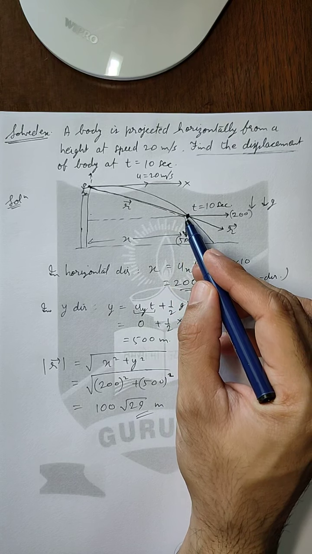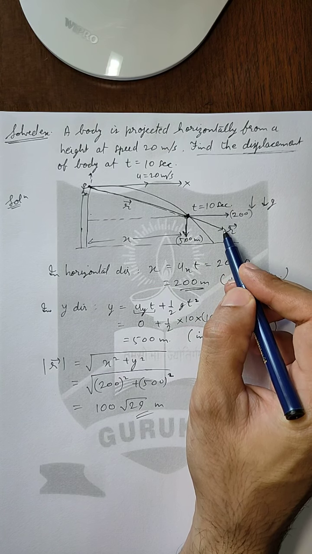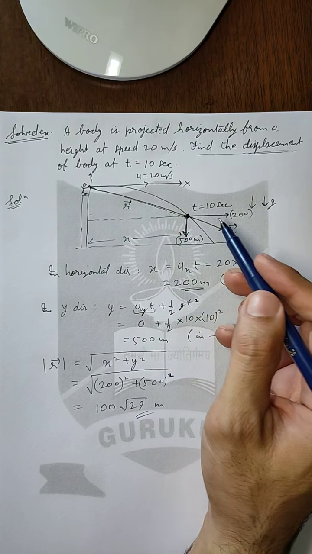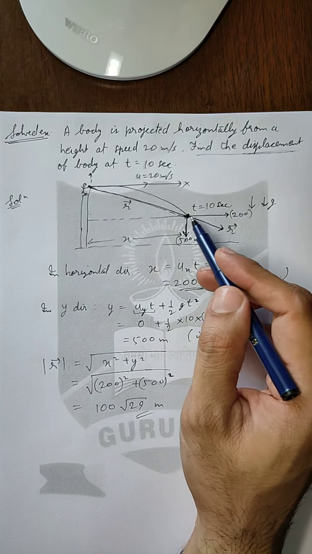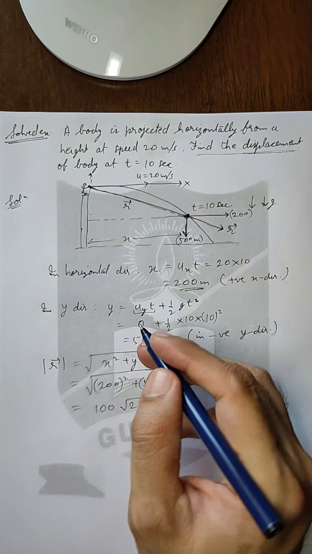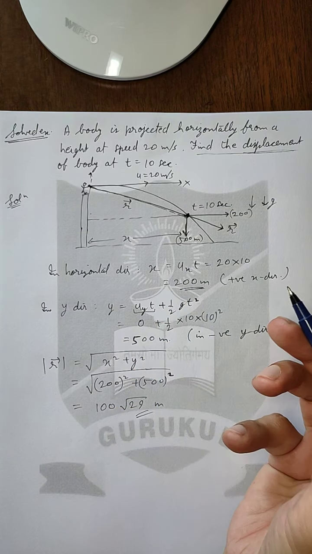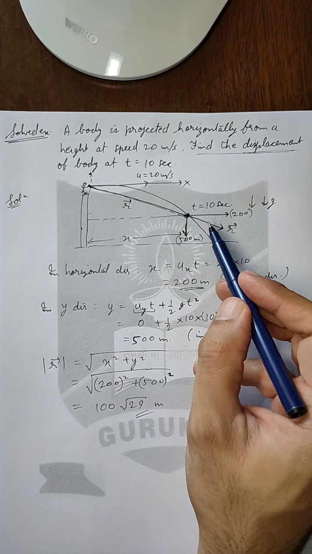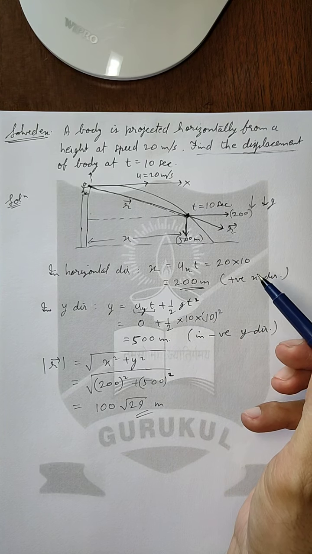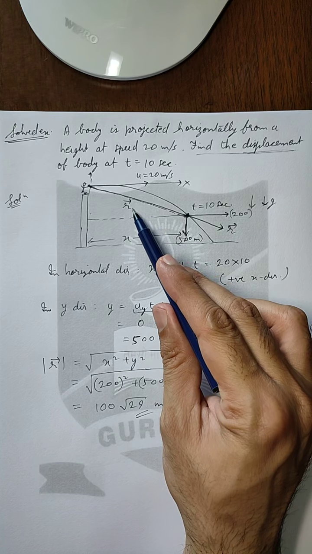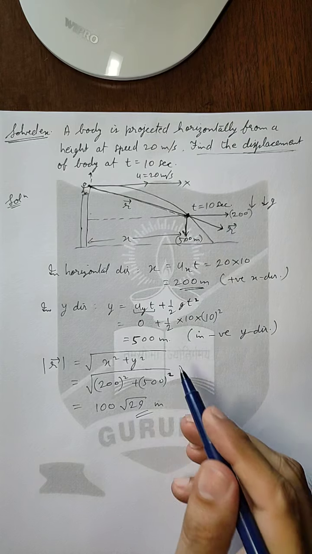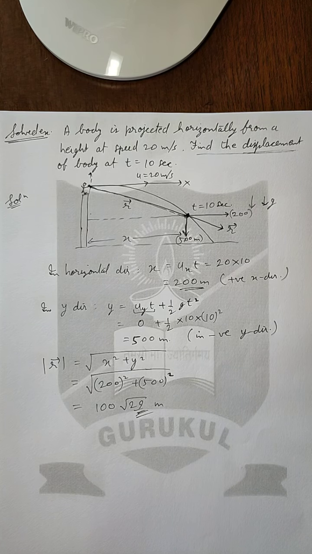Remember here, since it is a displacement, we took the approach of using a vector. If this was distance, then we need not take vector. We can calculate the total distance covered in x and y direction, just like we did here. In case of displacement, since displacement is a vector quantity, that's why we denoted displacement as r vector, and then we found out the resultant of r, which came out to be 100 root 29 meters.